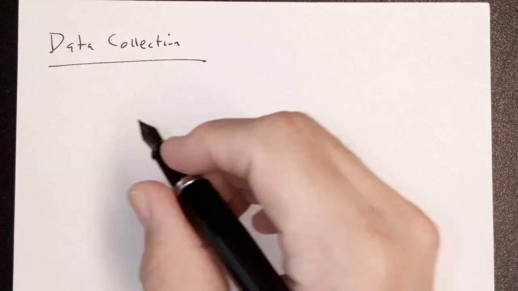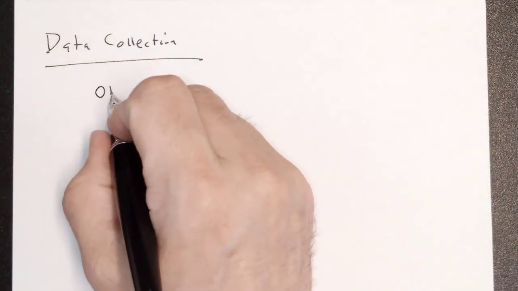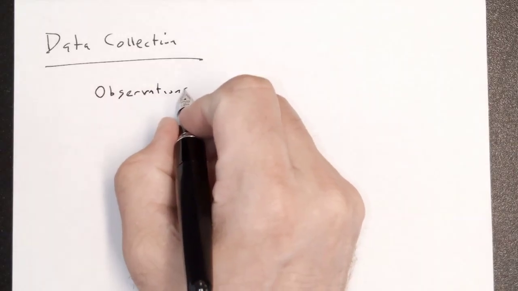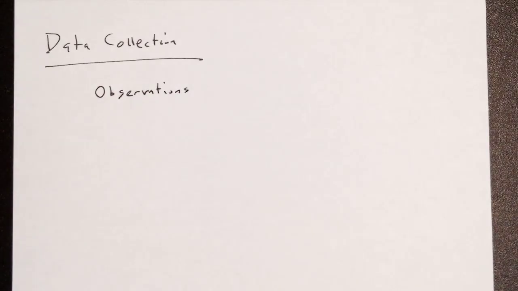So data collection. Data consists of a set of observations. An observation is a single member of a collection of things.